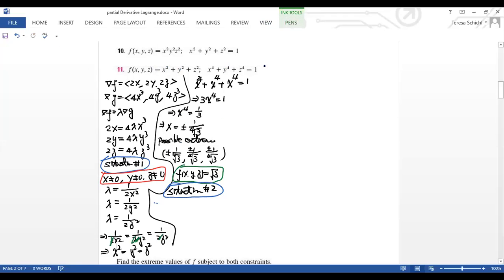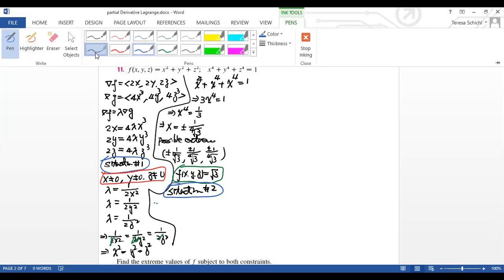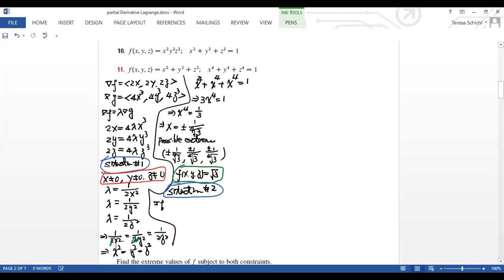So let's say one of them equals 0. Let's let x equal to 0, all right? If x equal to 0, then I cannot use the... okay, so here, let me circle that.